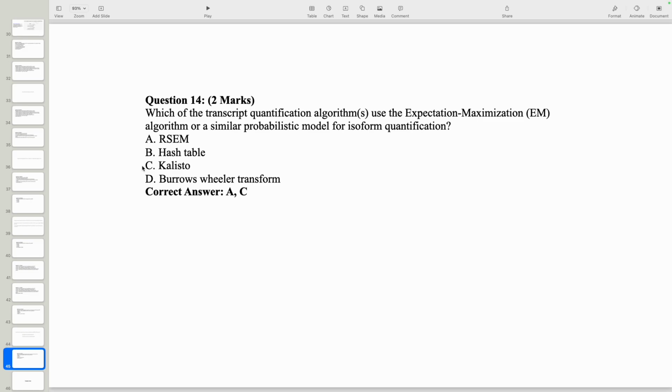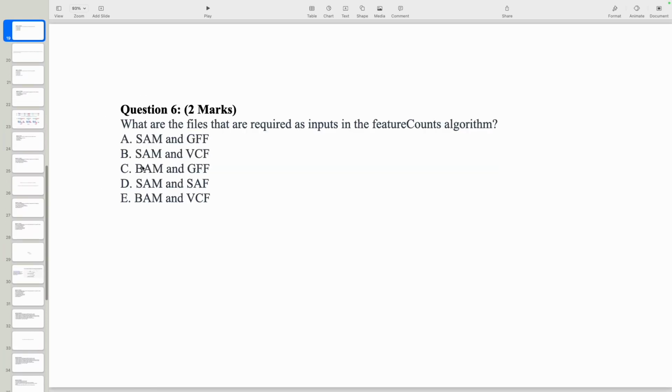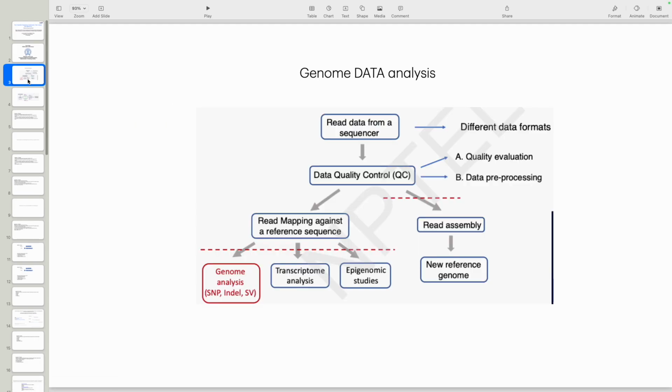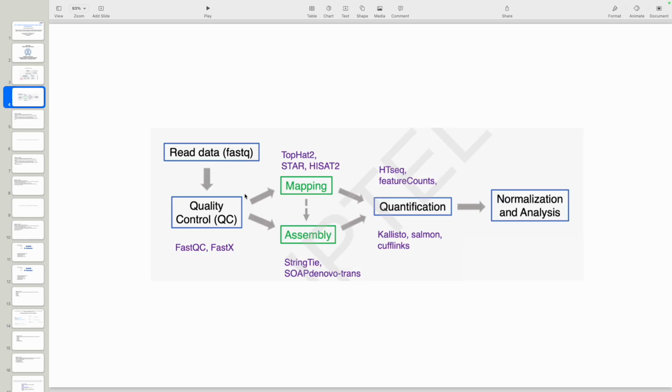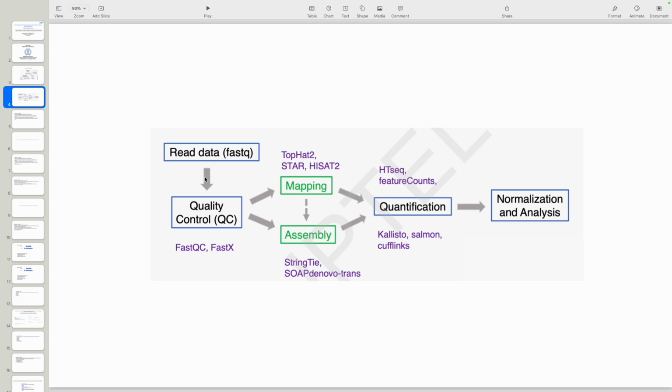There are some basic steps for both whole genome sequencing and RNA sequencing, which we have already covered here: data quality control, mapping, alignment, and further analysis. Here that was for whole genome sequencing, and this is for RNA sequencing. These are the same. There are particular tools that we use at each step, and there are some algorithms which these tools are based on.